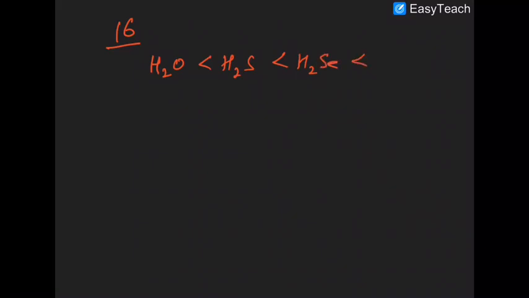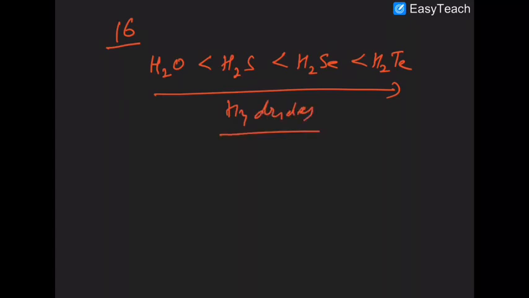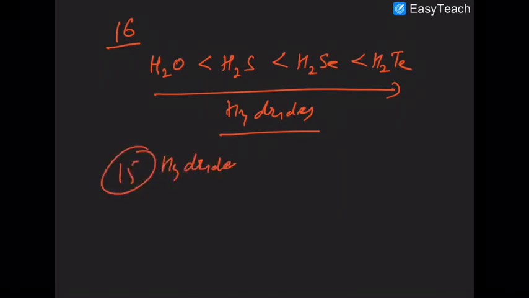Similarly, in case of group 16, water is neutral, but as you move down the group, acidic strength increases. In case of hydrides, acidic strength increases as you move down the group. Group 15 hydrides are not acidic, they are basic in nature.